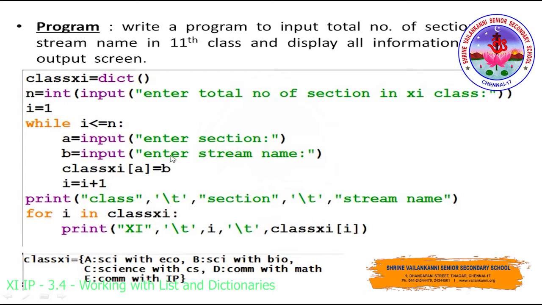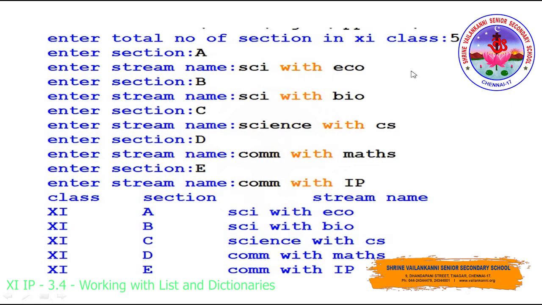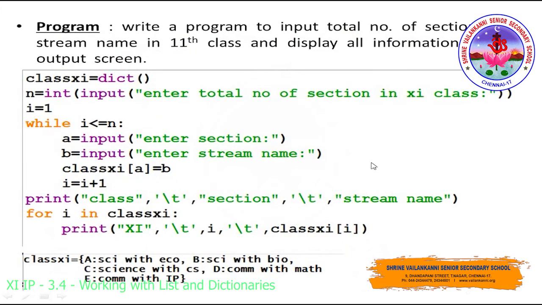So that B, you will be assigning to the key A. Got it? So what will happen here, science with economics will be assigned to A. So A will become a key and science with economics will become the value, right? So now we have initialized one data item inside this dictionary, and i equal to i plus 1 represents the second iteration. So it will move on to the second iteration.